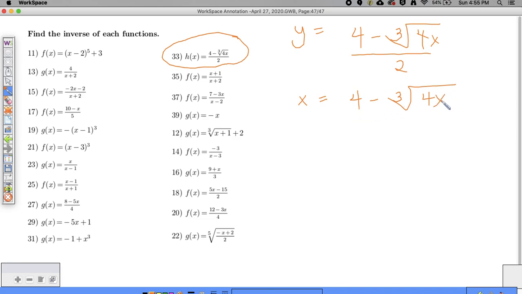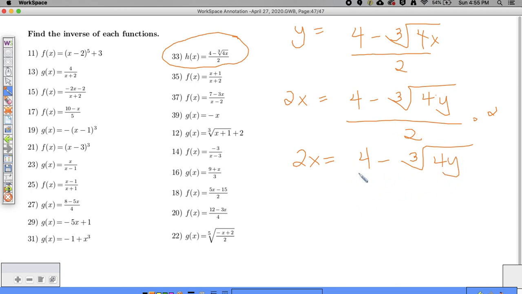Okay? Oh, this should be a 4y, not an x. Sorry about that, gang. Okay, should be a 4y, and that's all over 2. Now, the first step here is we want to multiply both sides by 2. So now we have 2x is equal to 4 minus the cube root of 4y.